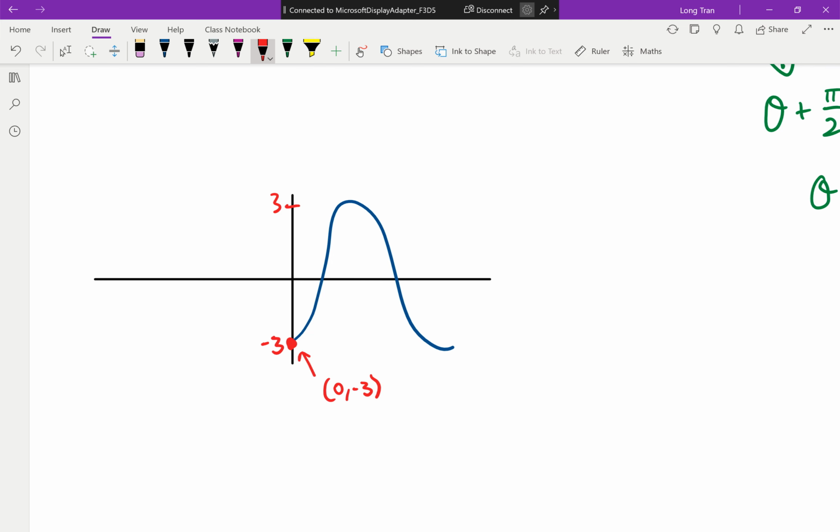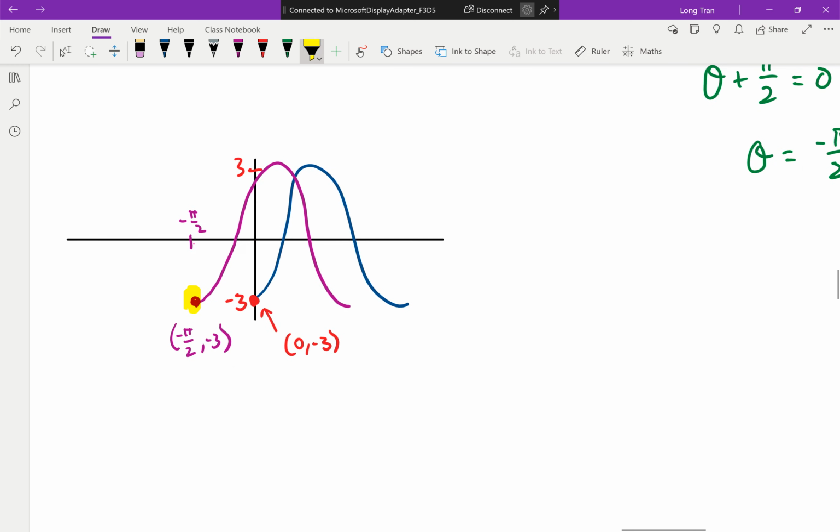What I do is I say, well, if you move it to the left by pi on 2, then your new starting point should now be at negative pi on 2, -3. So the first thing that I look for is this starting point. That's the key thing. I call it SP. You probably won't find it anywhere else. So I say the starting point is at negative pi on 2.